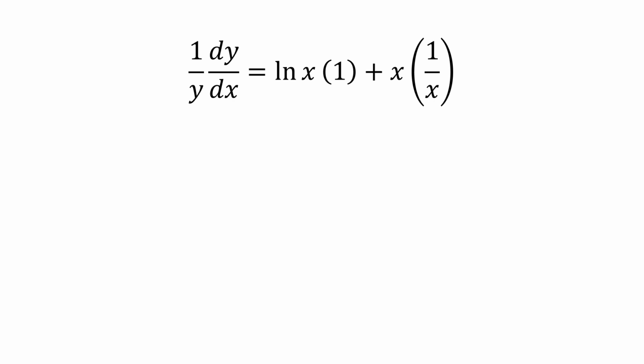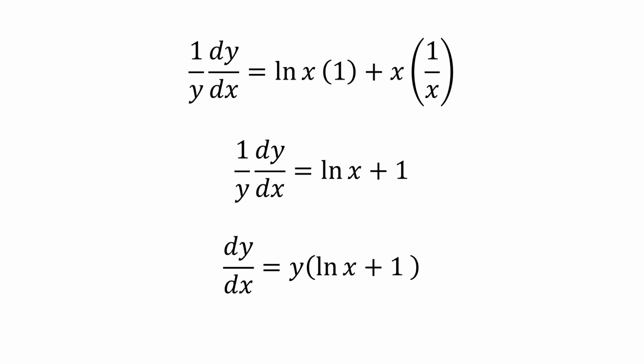Simplifying this equation gives 1 over y times dy by dx equals ln of x plus 1. We now want to solve for dy by dx. To do this, we simply multiply both sides by y to get dy by dx equals y times (ln of x plus 1).